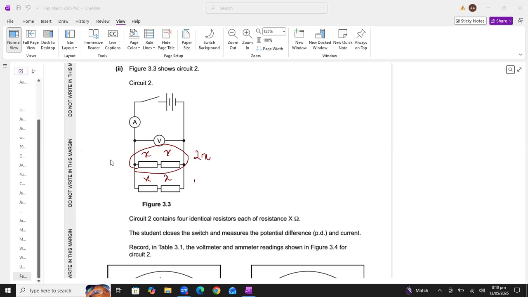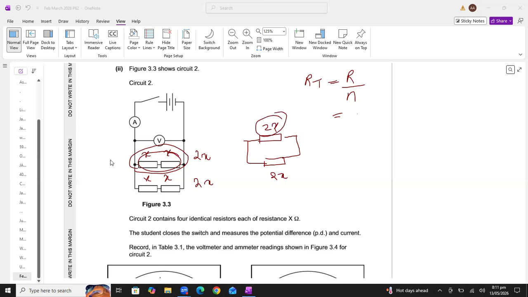So now, students, they make a parallel combination together. If I redraw this circuit, the combined resistance of these 2 resistors is 2X ohm, and the combined resistance of the other 2 resistors is also 2X ohm. To find the combined resistance, I told you the shortcut technique: when 2 resistors are connected in parallel and their resistance is the same, we divide the resistance of one resistor by the number of resistors.